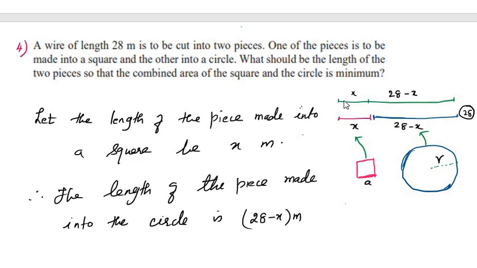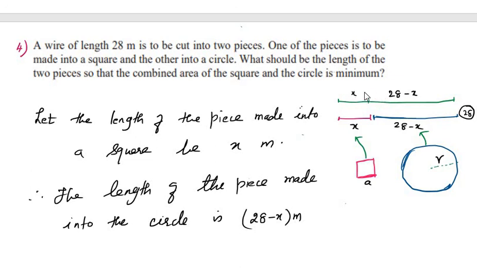The one I have taken as what? X, the other one automatically becomes what? 28 minus x. Therefore, with this x meter wire, I am making what? A square. And the remaining wire is what? 28 minus x meter length wire. From this I am making what? A circle. I do not know what is the radius of the circle, but that is also not asked. The question is what should be the length of the two.